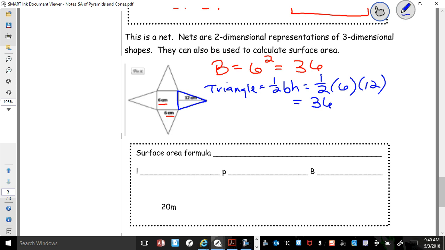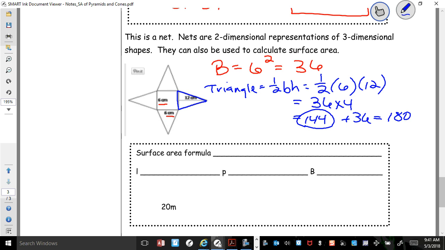How many are there? 4. So we multiply it by 4, because there are 4 triangles. 36 times 4 is 144. So you add those two together, 144 plus 36, and what do we get? 180.